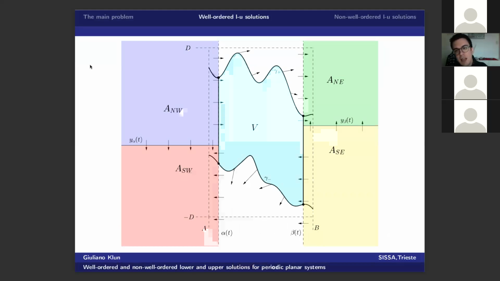Now, here is another sketch of the phase plane at fixed time.